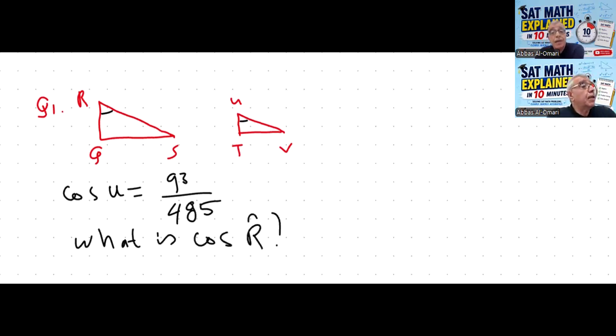Now similarity means that RQ divided by UT equals RS divided by UV equals QS divided by TV. Let me write this formula. What does similarity mean?